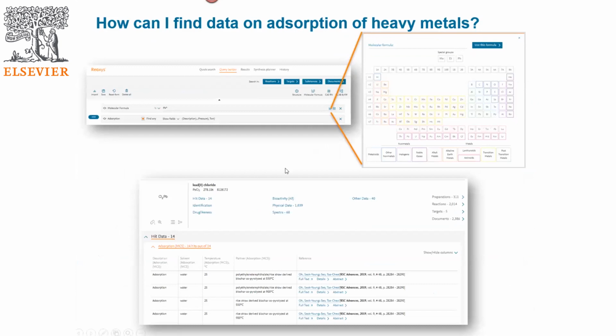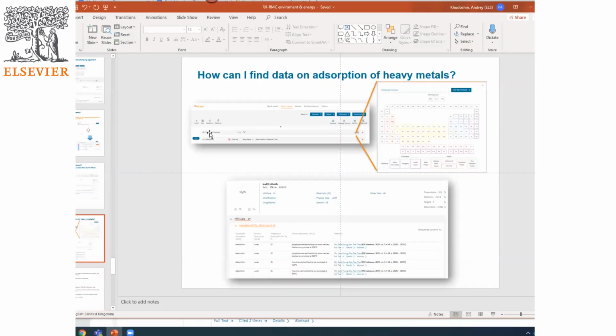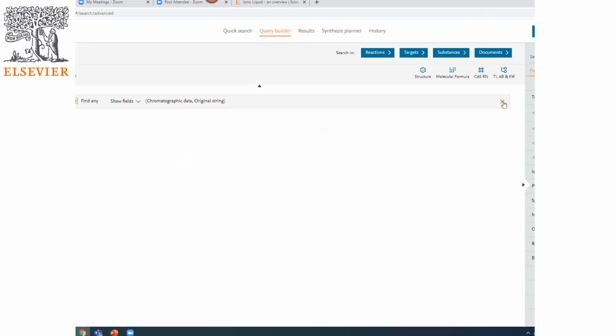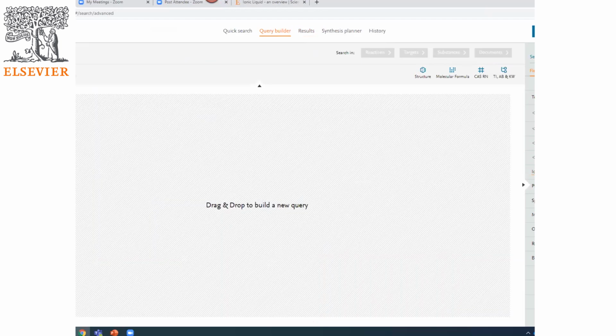And even more, another interesting topic related to environment is adsorption of heavy metals or anything else or any compounds. It's important to mention it because it's a really important topic in some countries. So what we have in Reaxys, we have an adsorption field.